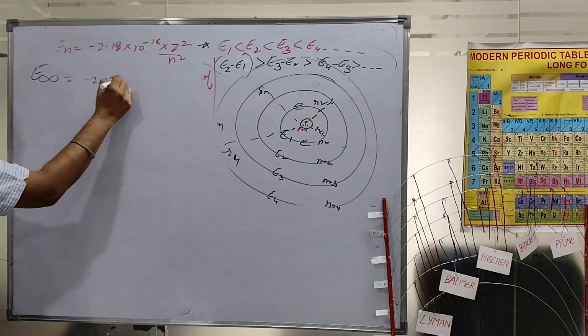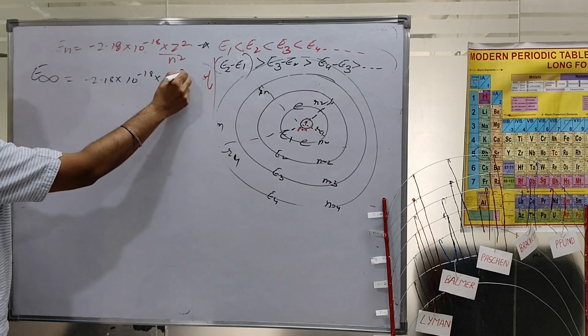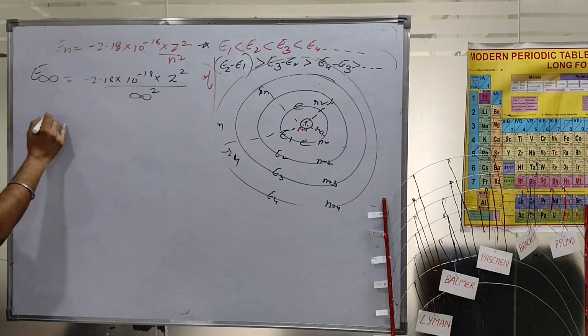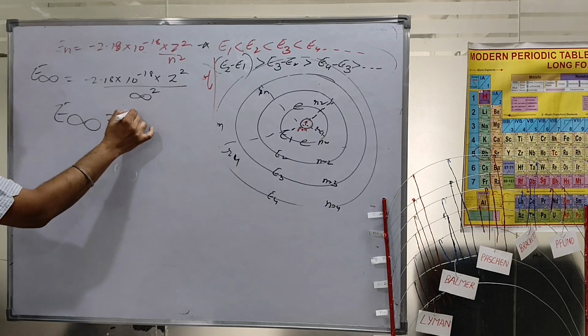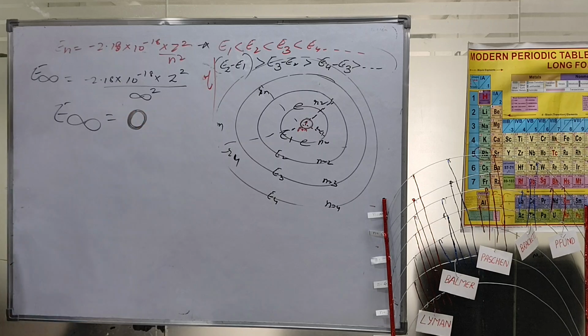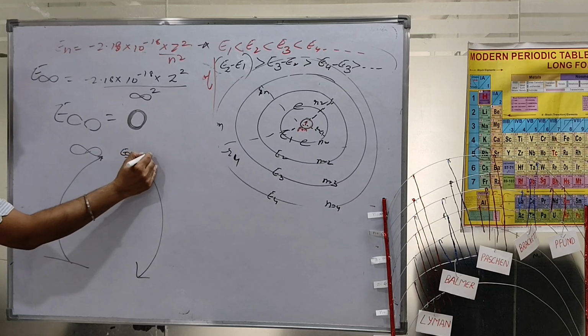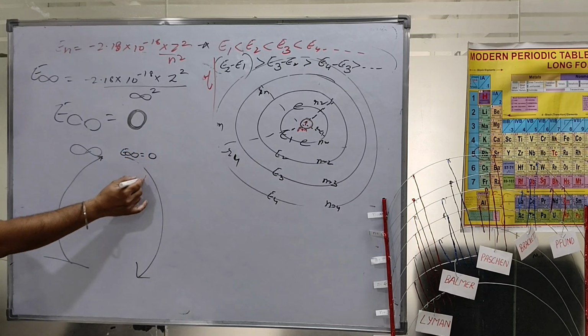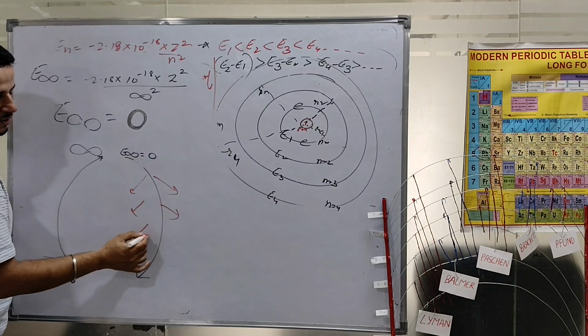Infinity means Z square by infinity square, and 1 upon infinity square is zero, कि at infinity the energy of electron becomes zero, कि जब इलेक्ट्रॉन अपनी लेवल्स ग्राउंड लेवल से इंफिनिटी तक जाता है तो इट्स एनर्जी लेवल बिकम जीरो, और जब वो वहां से वापस आएगा तो यहां पे आके उसकी एनर्जी जीरो हो गई, और वहां से आने के बाद भी इलेक्ट्रॉन रेडिएट्स एनर्जी.